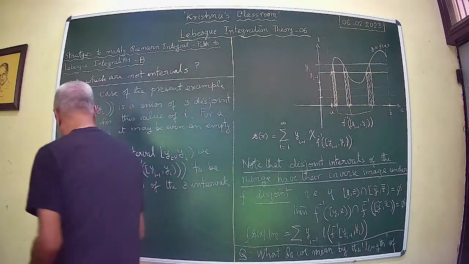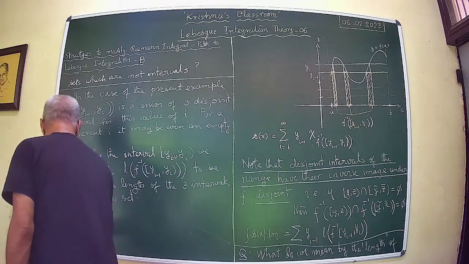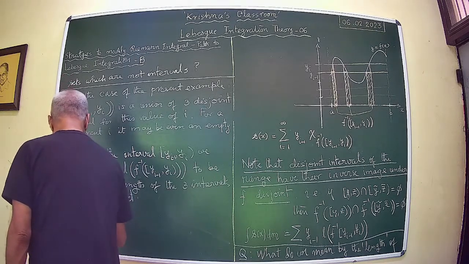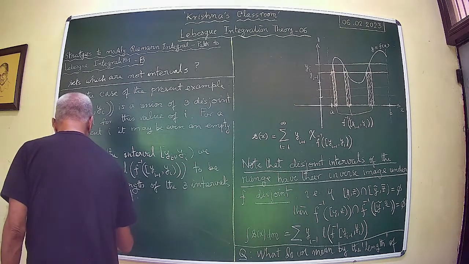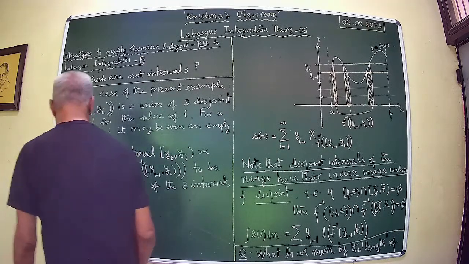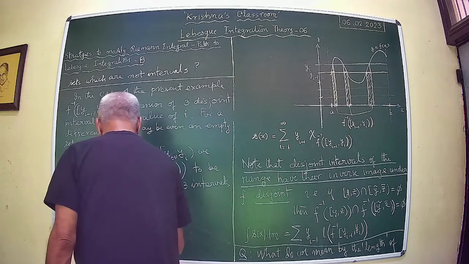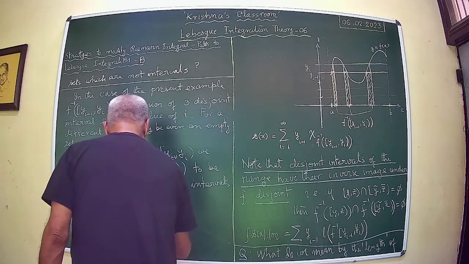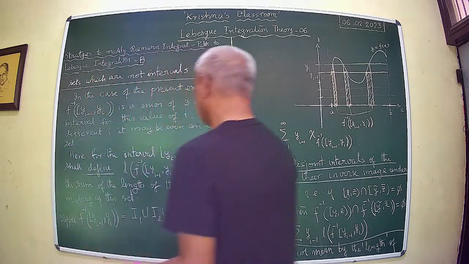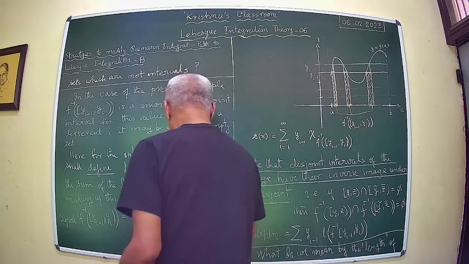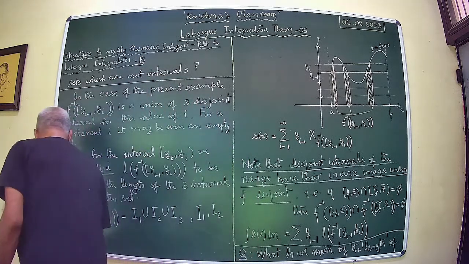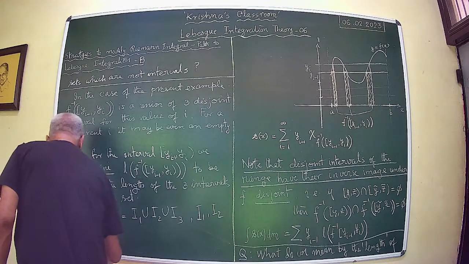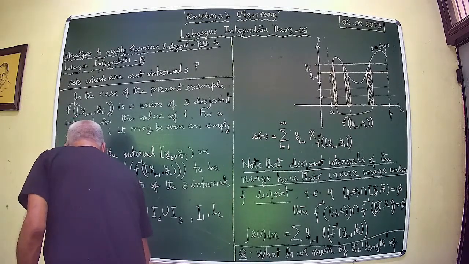So suppose f inverse of yi is equal to I1 union I2 union I3, where I1, I2, I3 are pairwise disjoint.